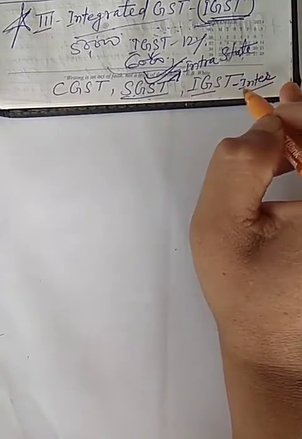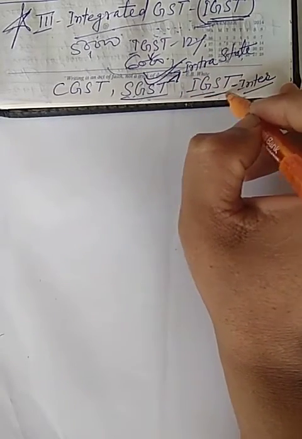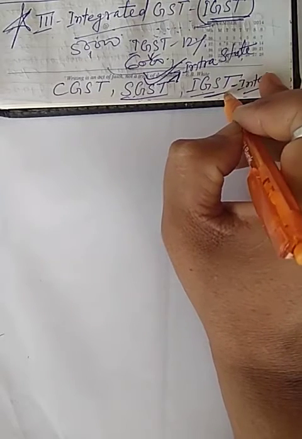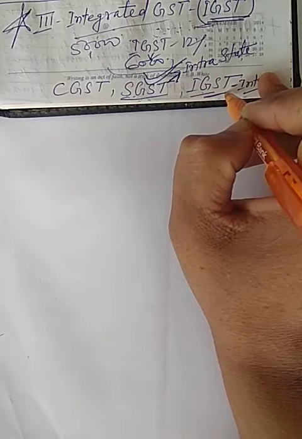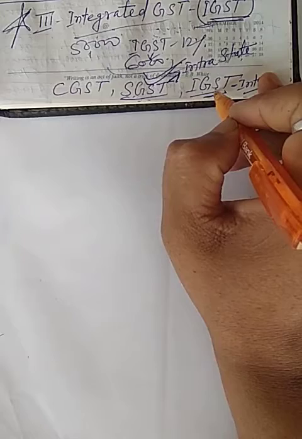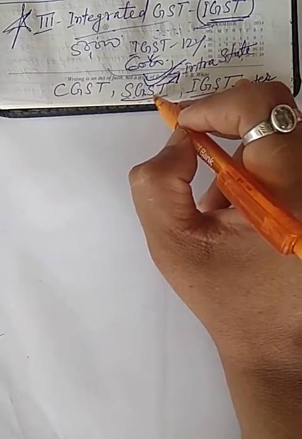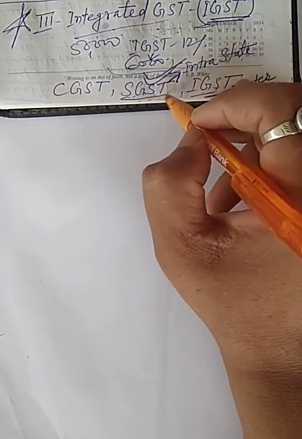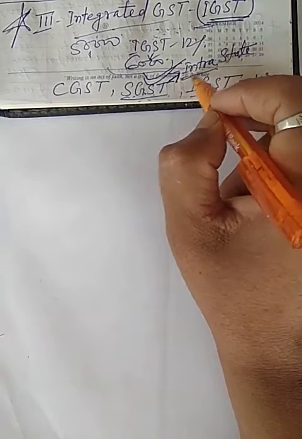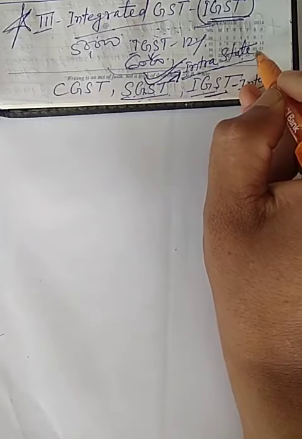So this is the difference. IGST is implemented in case of one state to another state and one nation to another nation also. But SGST is implemented within a state. This is called intra-state. So this is the theoretical part of GST.